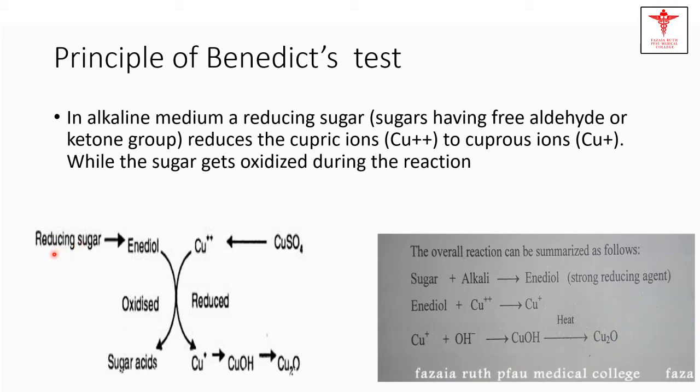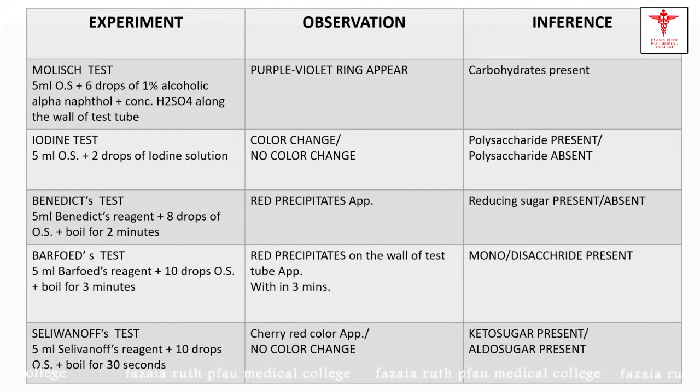The reducing sugar is first converted to anhydride compounds, and these anhydride compounds will reduce cupric ions to cuprous ions, and when we heat these cuprous ions, they are converted to cuprous oxide. So this is the general scheme for the detection of carbohydrate in the given sample.